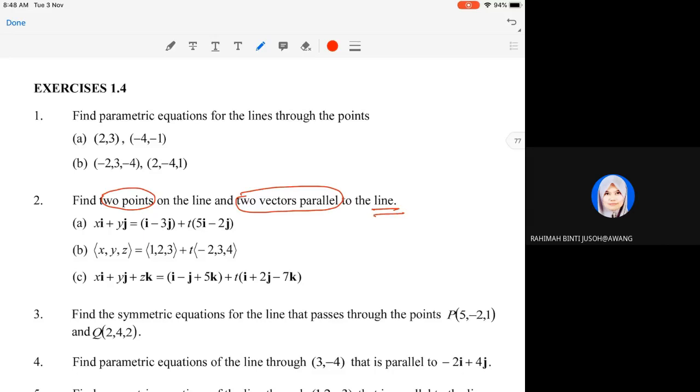Highlight. Make sure in your quiz and your test, you highlight the keywords. If it says line, then you should apply the formula of line. If it says plane, you should apply the formula for plane. Make sure you write the equations carefully.